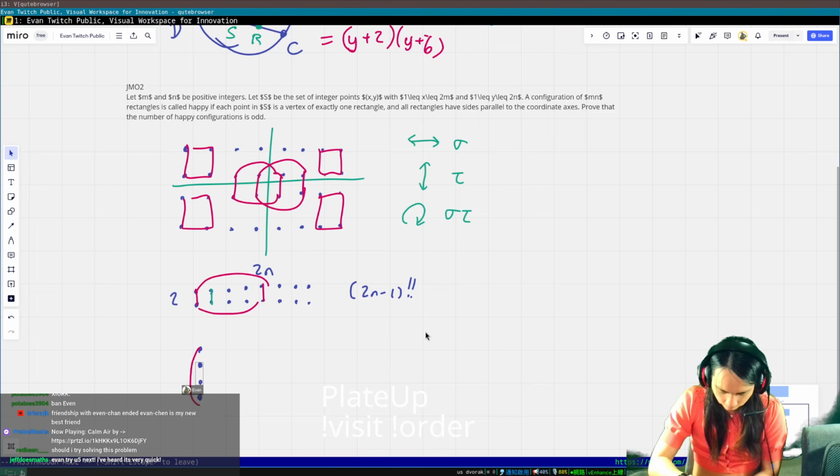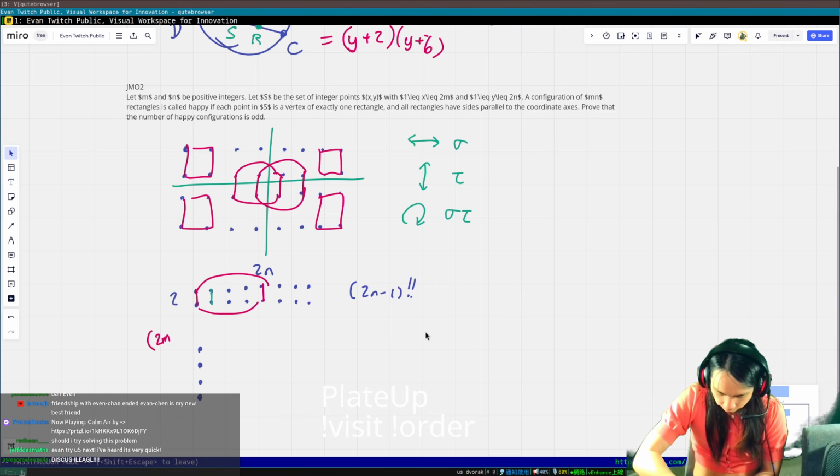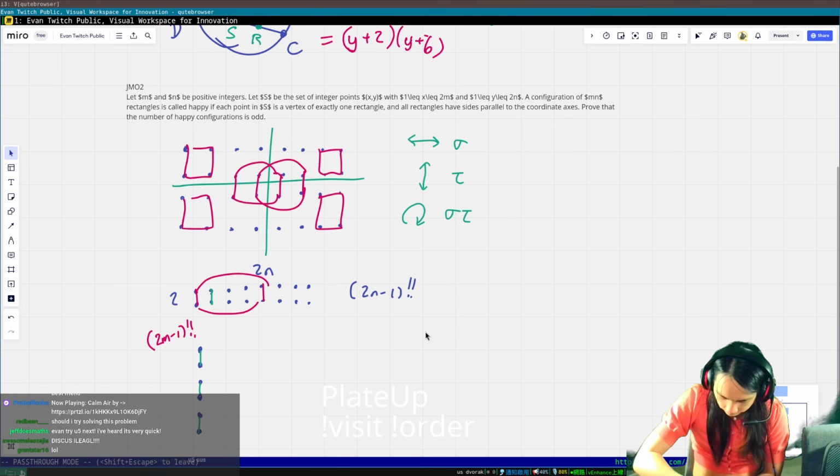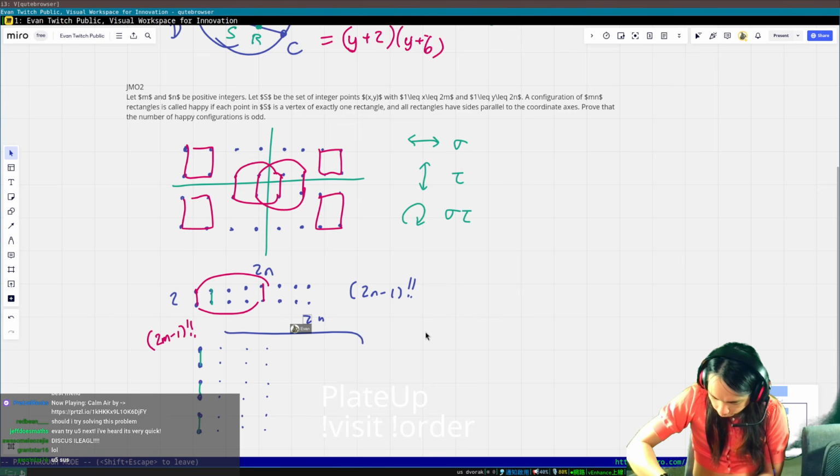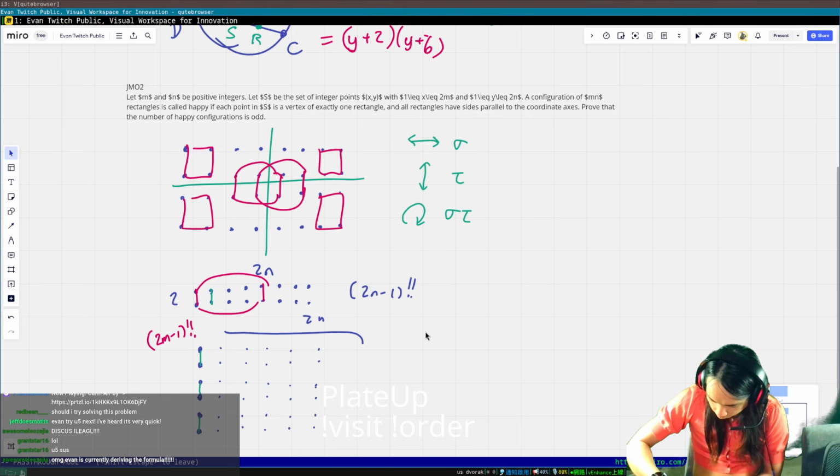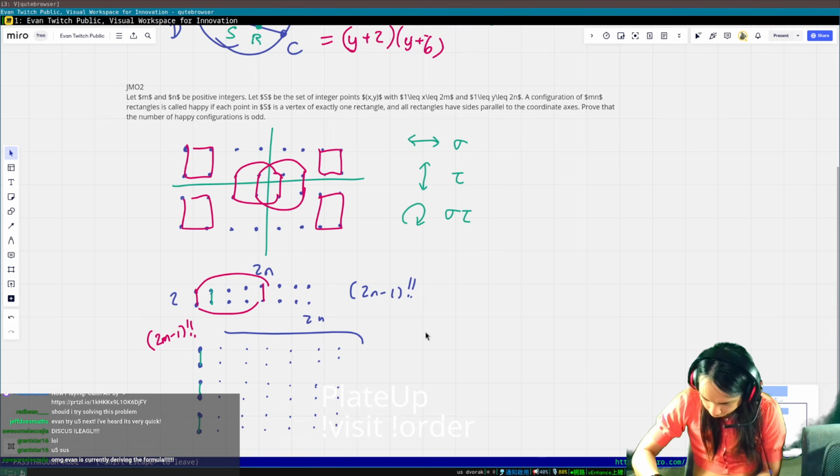So without loss of generality, you multiply by 2m minus 1 factorial for this, but I can assume the initial edge set is like that. And then they all go out to some, whatever, there's 2n of these. Okay, so now there's 2n minus 1, really.